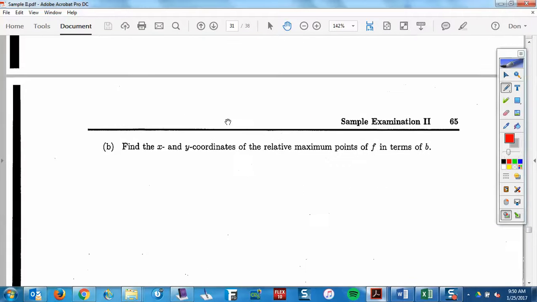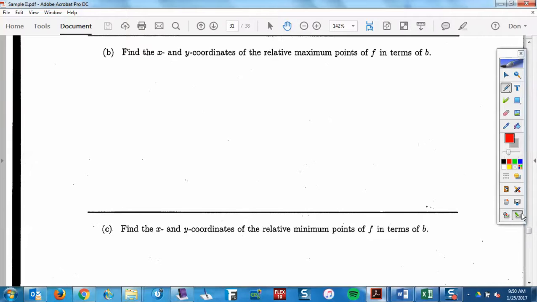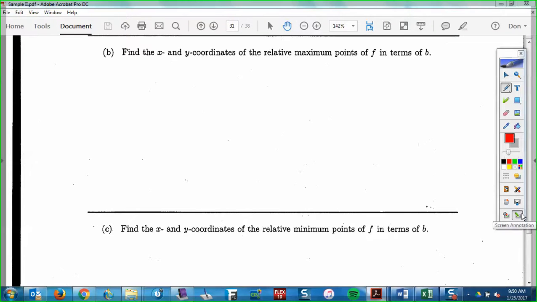So if we go into part A, part B and C is talking about finding the relative, which means local, right? So local max min. Now, in terms of b, and Trey, we had this conversation yesterday, it's not with respect to b, it's in terms of b, which means there'll be b's in your answer. That's what that means.